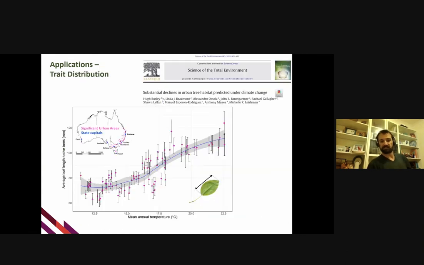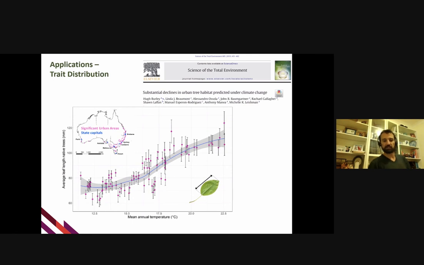This is another example where we use data from this paper where we essentially model the impact of climate change on 176 native trees to Australia. And in this case, we use that data to model how the average leaf length of the community in each of these significant urban areas across Australia looks like.